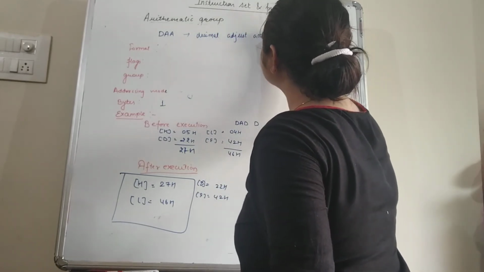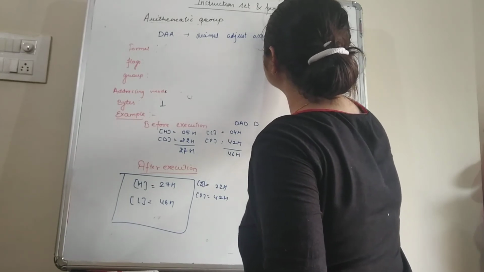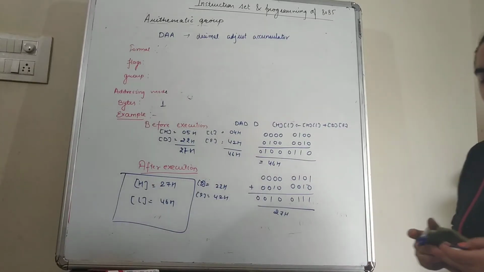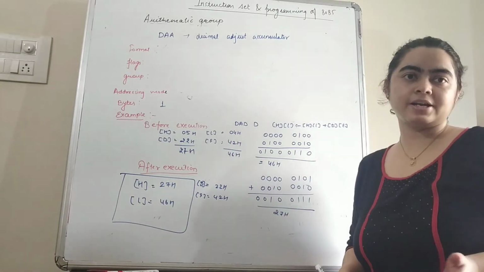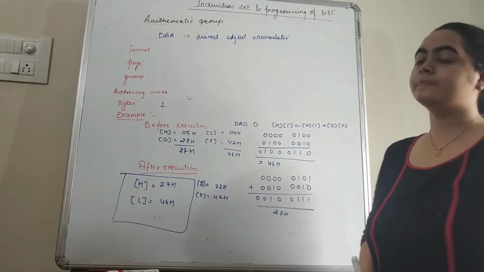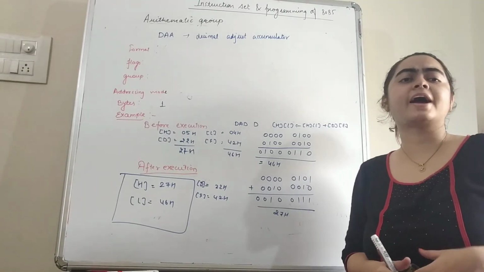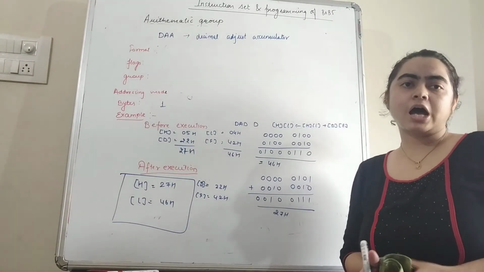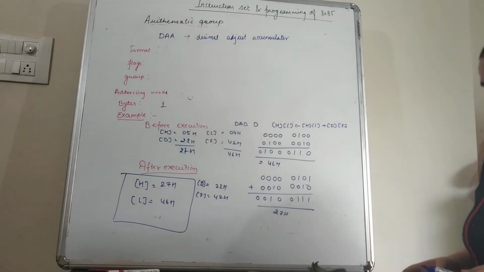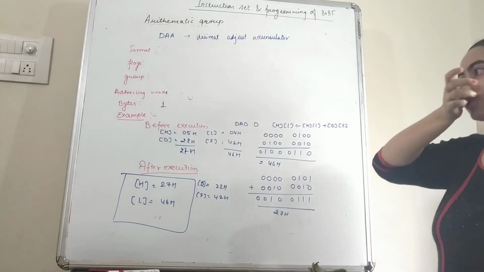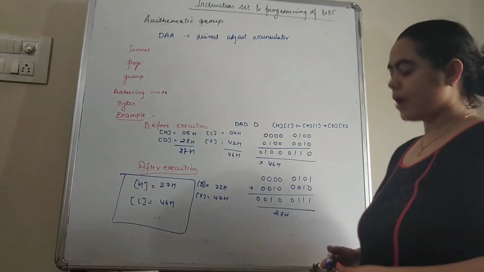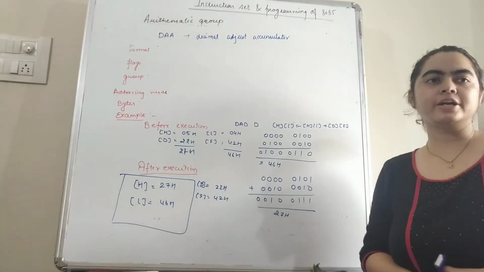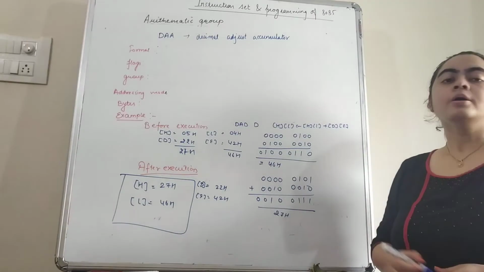So students, why do we use this instruction? Because when we add or subtract numbers, the result is in hexadecimal. But a layman is not very familiar with hexadecimal numbers. For example, in a shopping mall, when the items are calculated for billing, the result is shown in BCD code.